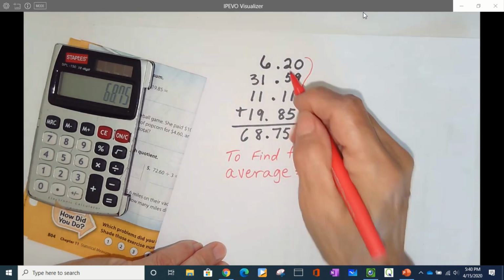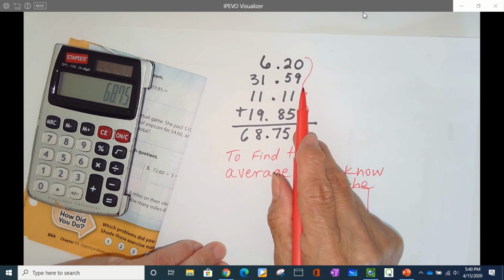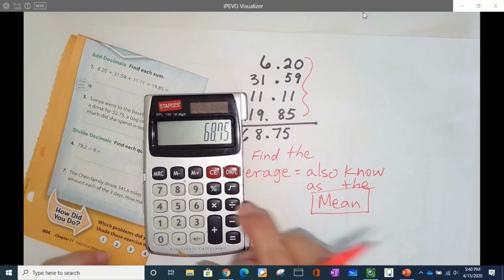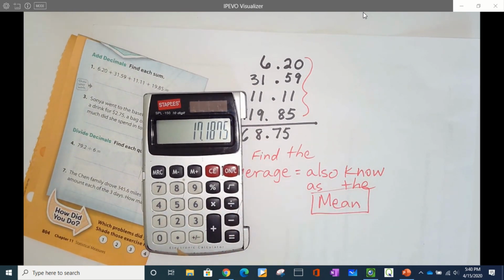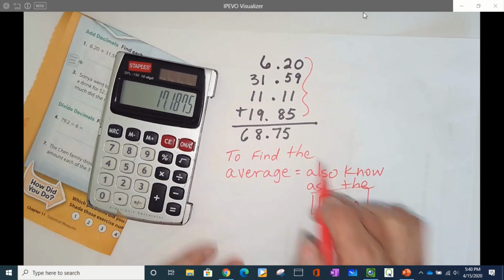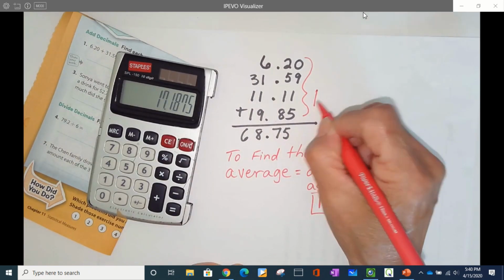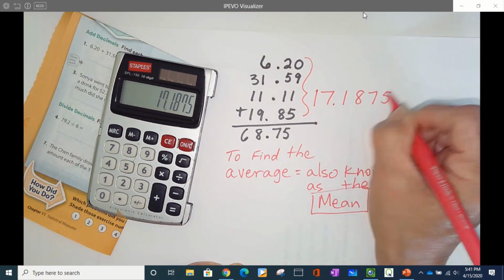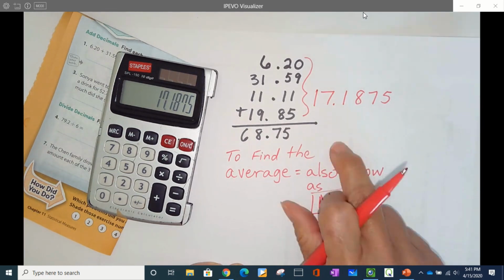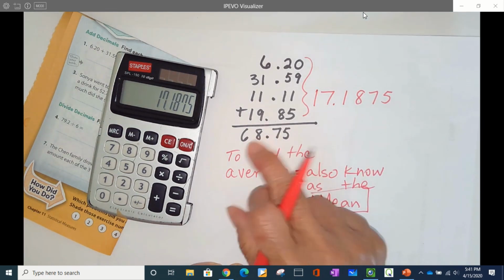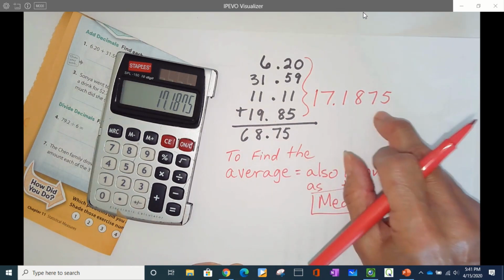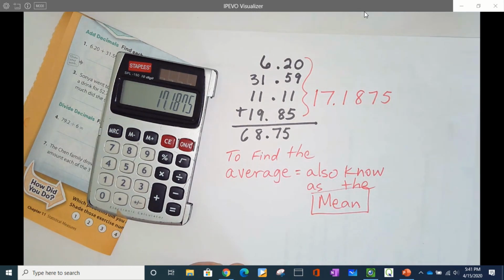I'm going to take my 4 items and divide them into this total. So all I need to do is, because I already have 68.75, divide it by 4 equals, so my mean of these 4 is 17.1875. So when you add all these up, the average of 68.75 is 17.1875. Very easy. Again, this is called the mean.